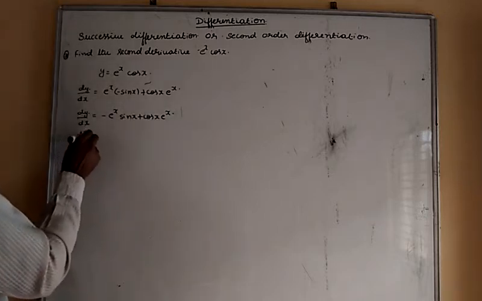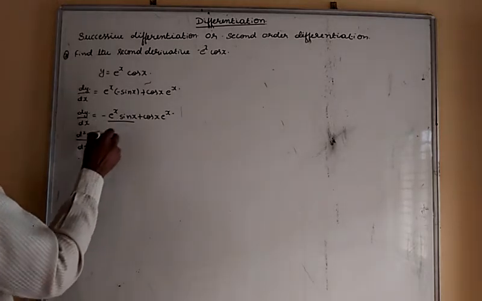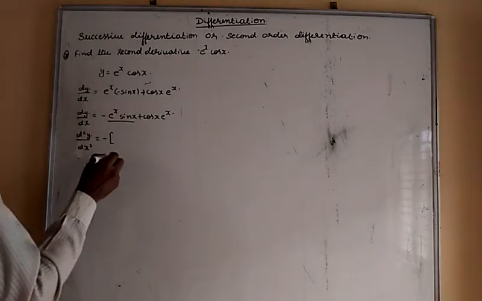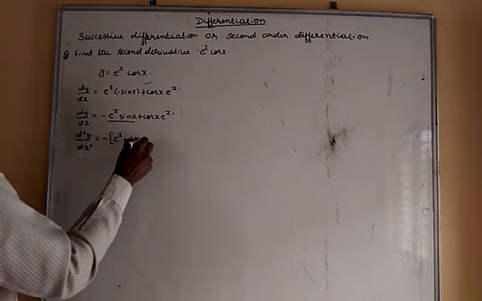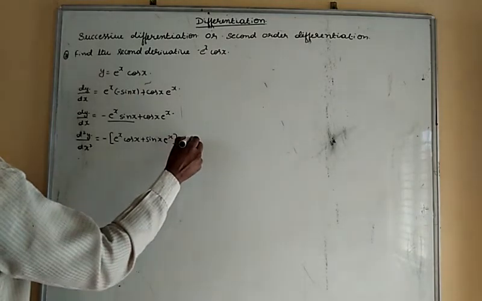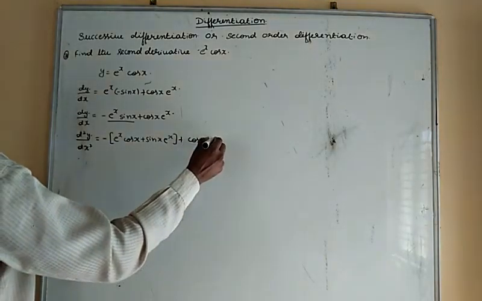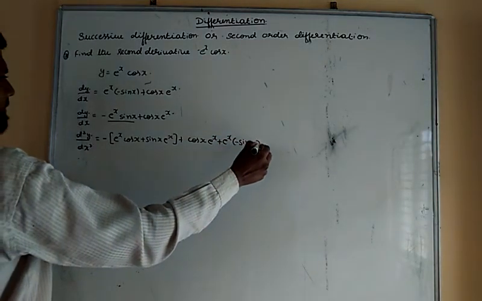Then d square y by dx square is equal to, apply here minus, keep outside, first function differentiation of second function plus second function differentiation of first function, plus first function differentiation of second function plus second function differentiation of first function.